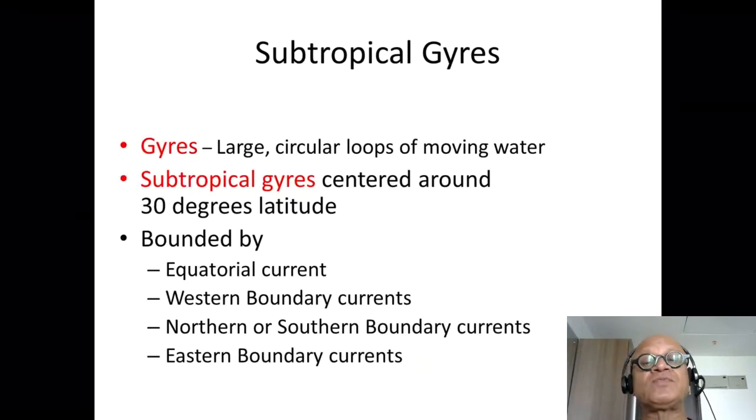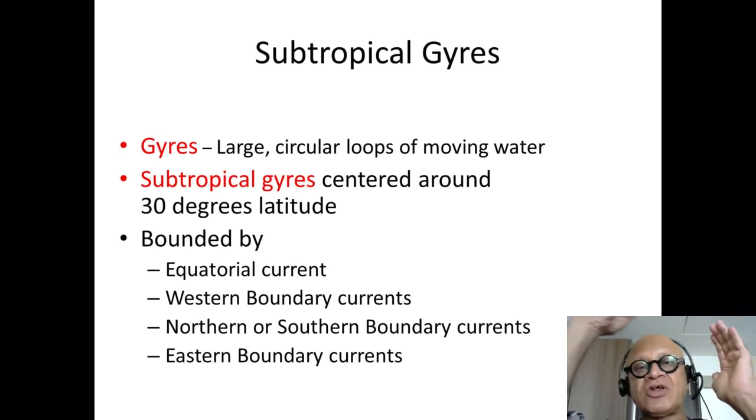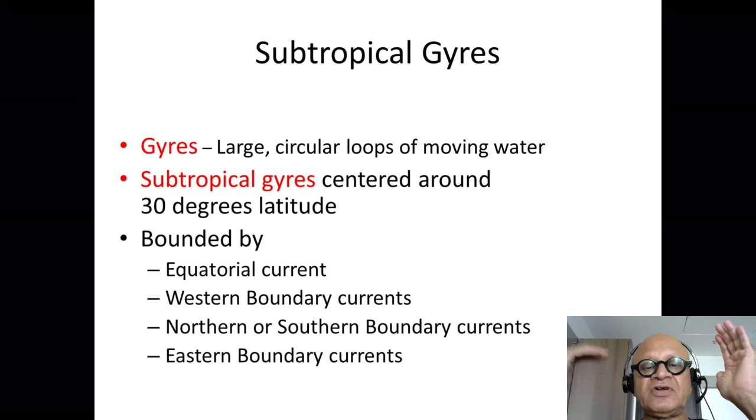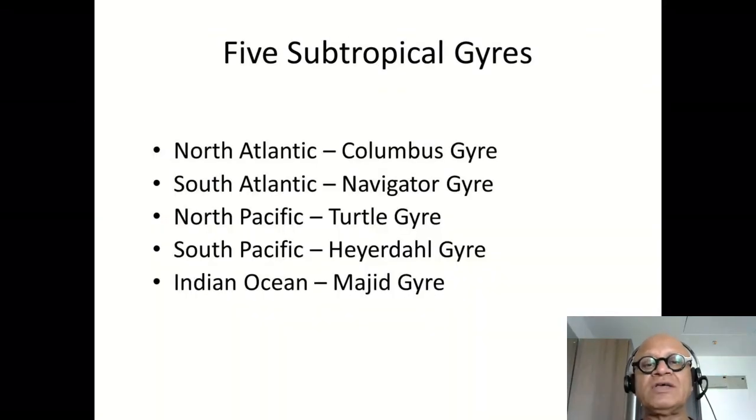Okay, so subtropical gyres are bounded by equatorial current, western boundary currents, northern and southern boundary currents depending on whether you are in the northern hemisphere or southern hemisphere, and eastern boundary currents. Okay, so the five subtropical gyres are of course in the North Atlantic, South Atlantic, North Pacific and South Pacific.